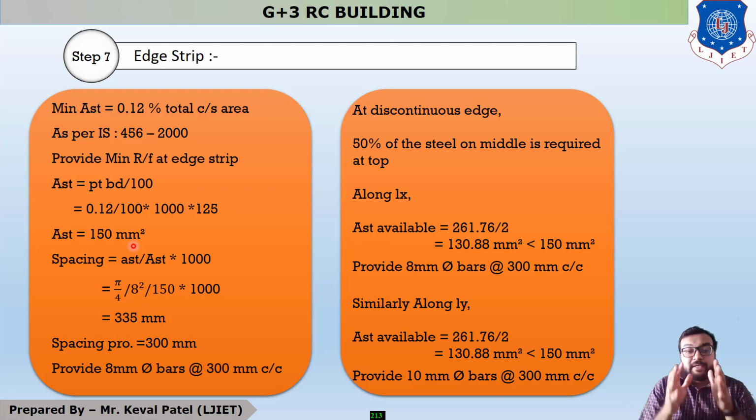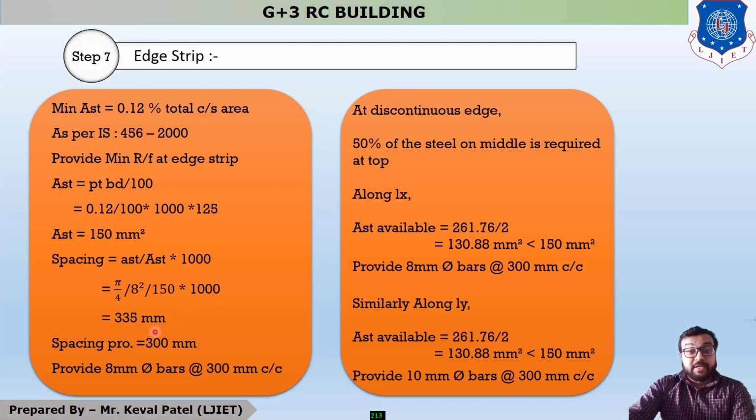Now in edge strip reinforcement, you have to provide an 8 mm diameter bar. So for an 8 mm diameter bar, your spacing is equal to pi by 4 into 8 square divided by 150 into 1000. So students, after putting all this value, you will get your answer 335 mm.